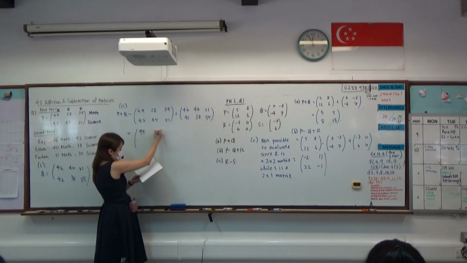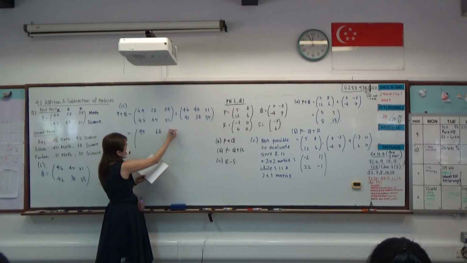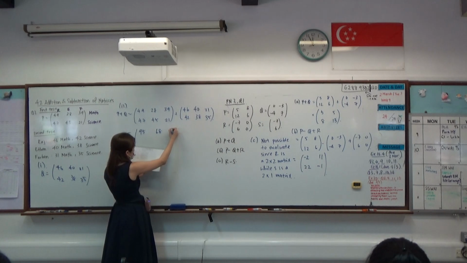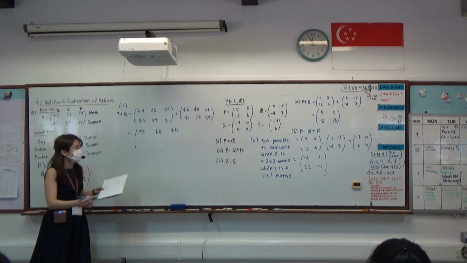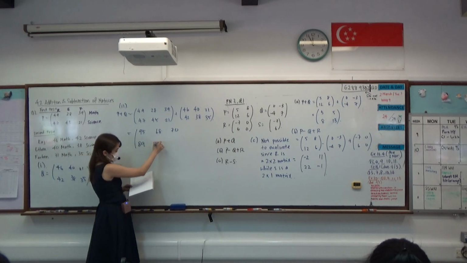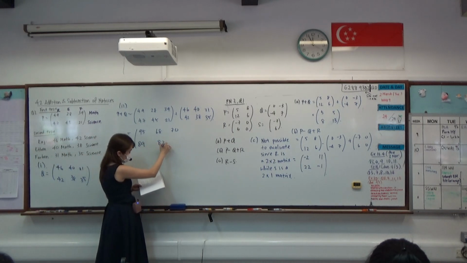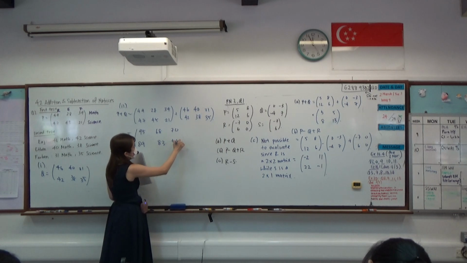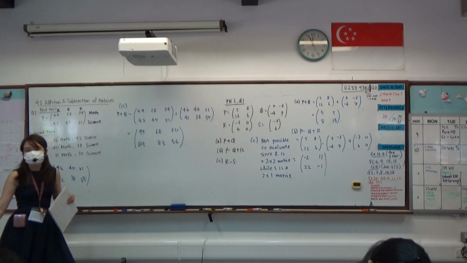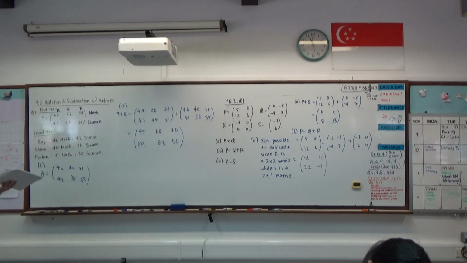Next one. 68. Okay, next. 70. Alright. Second row. 89. 83. 56. Okay, so this should be the matrix for P plus Q.